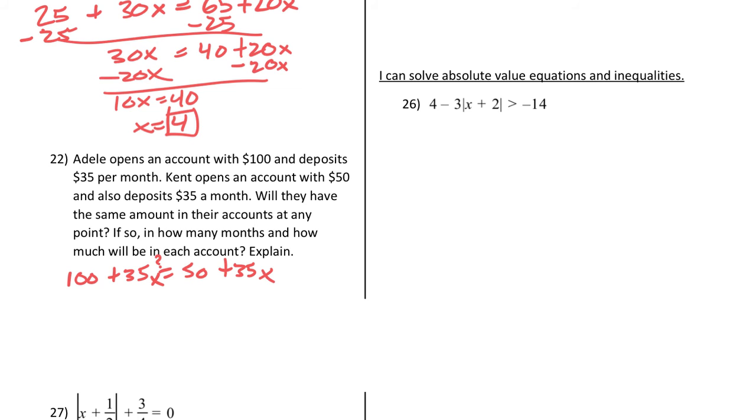There's no solution. They will never have the same amount. Because of the 35, they're both going at the same rate, $35 every month. They stay the same distance apart from each other. They're never going to be the same.